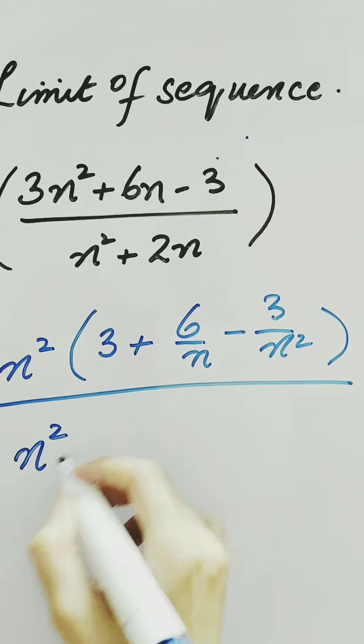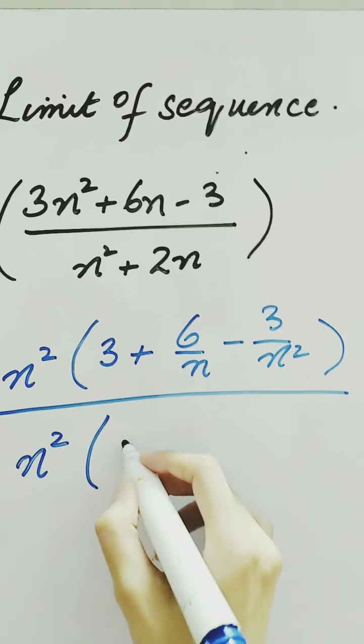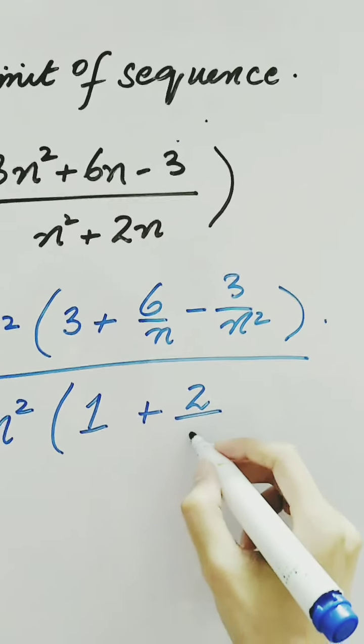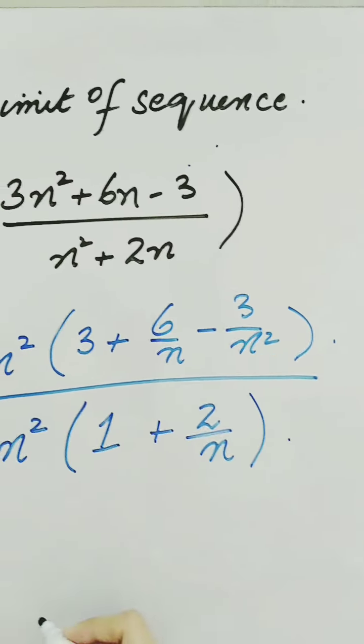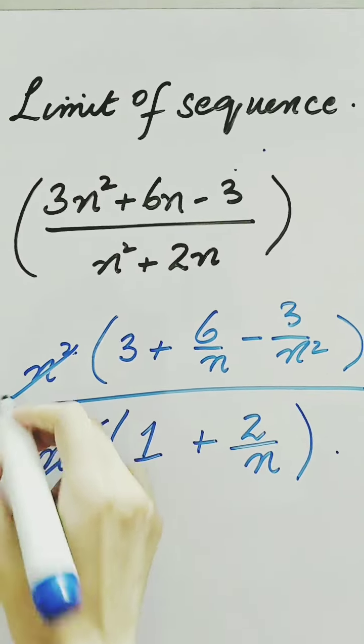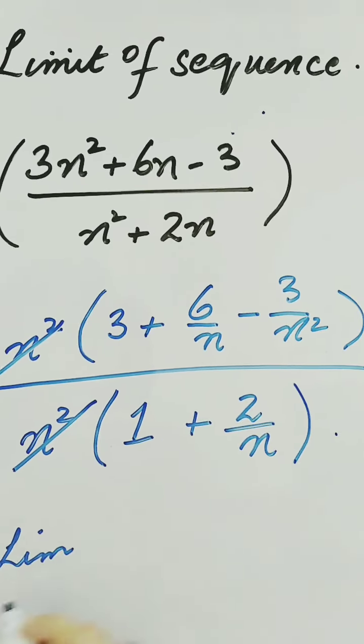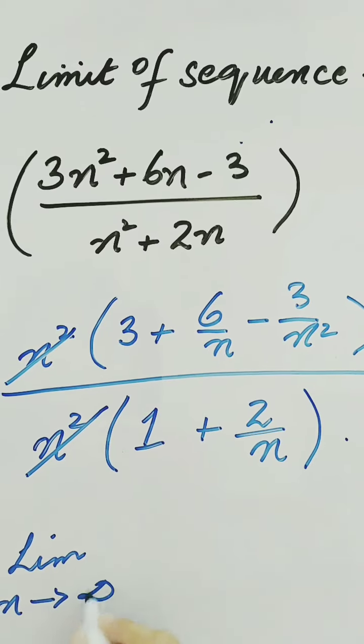Similarly, from the denominator, we have taken n square as common and remain with 1 plus 2 over n. Now this cancels out with this, and now we are going to apply the limit, which is n goes to infinity.